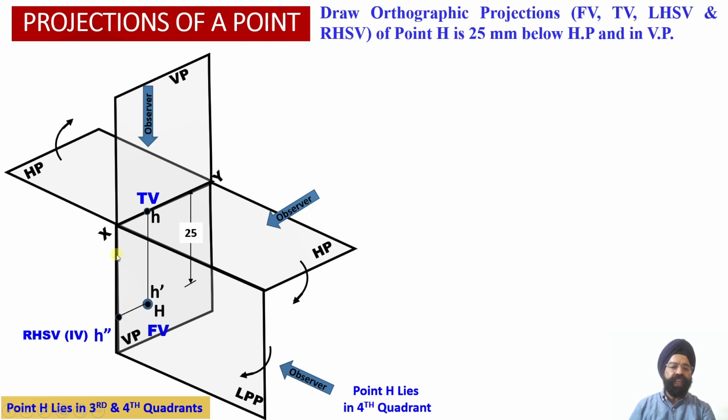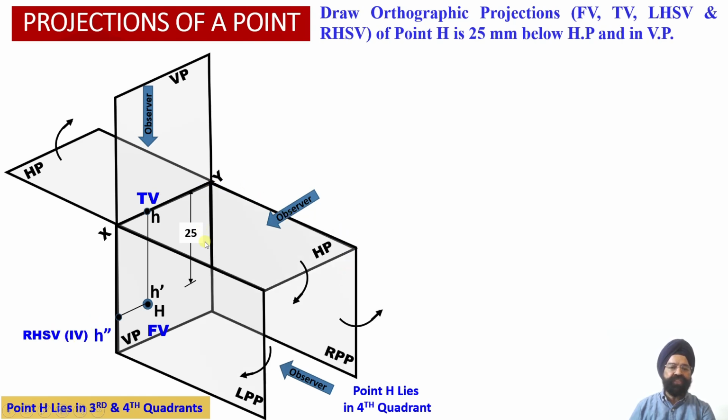So in the left profile plane at this particular position, alongside the x1 y1 reference line, alongside this particular hinge, we are going to locate point H dash as the right hand side view projection of the point, assuming the point to be located in the fourth quadrant.